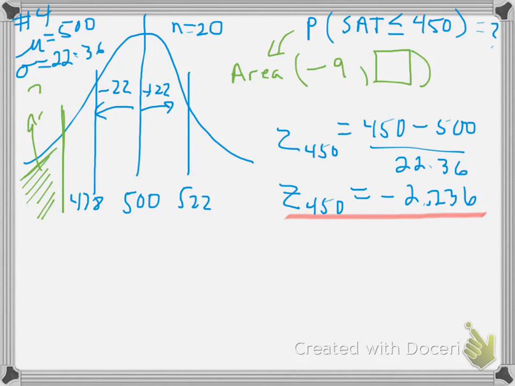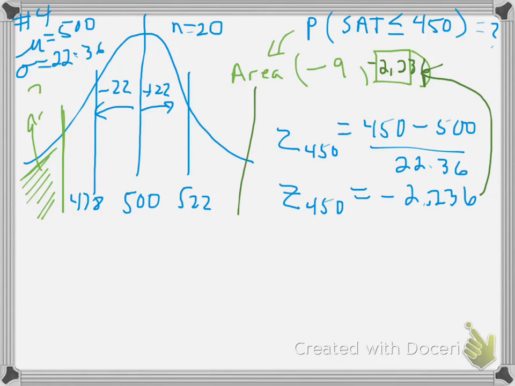So I'll just do my area here. I'll do that in green. Equals, well, that's this part right here. We already have it right here. So I needed this up here, -2.236.